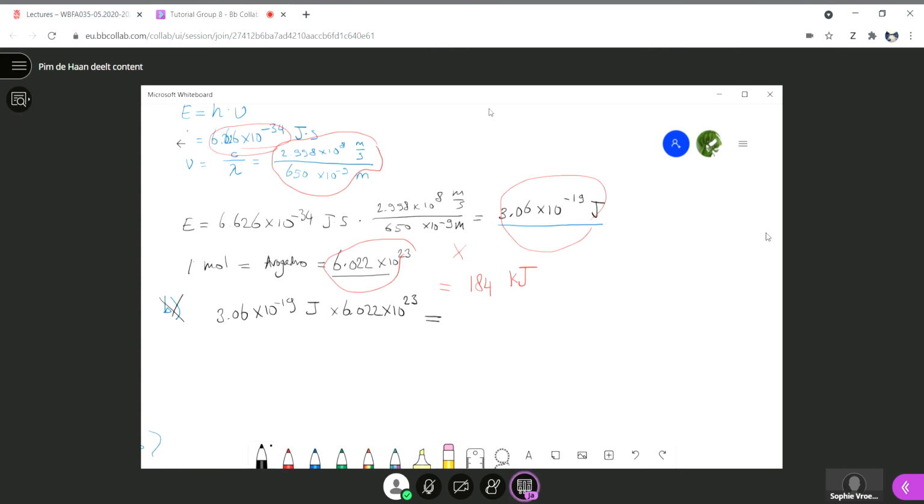That amount of energy was for 1 photon, and then times 1 mole. Exactly. Then you have the total amount. So then you get 184 times 10 to the third joules, and then that's 1.84 times 10 to the 5th joules, right? And then kilojoules. Now I'm screwing it up. Sorry, 184 kilojoules. Yes.